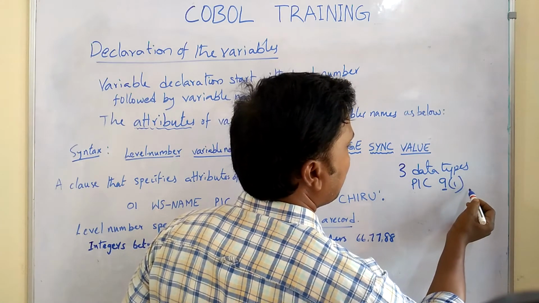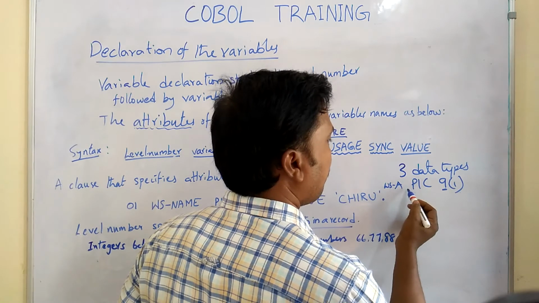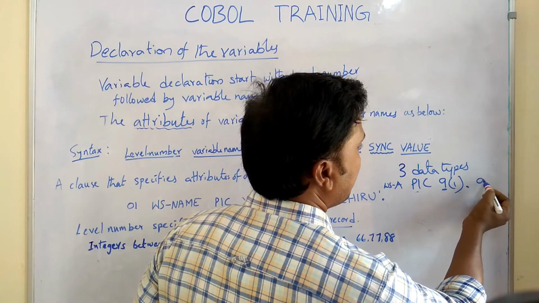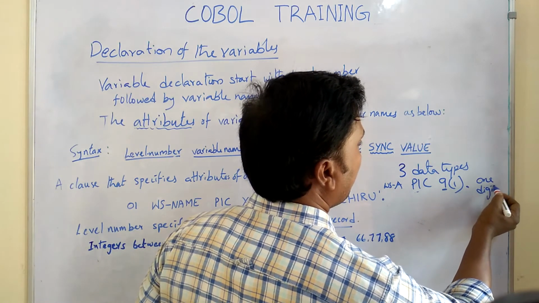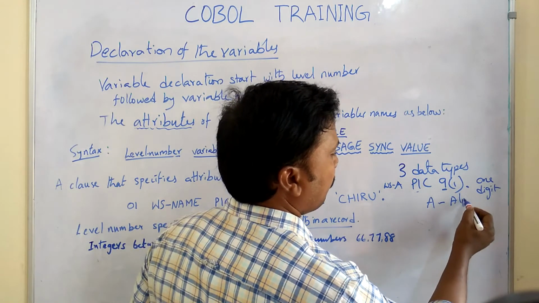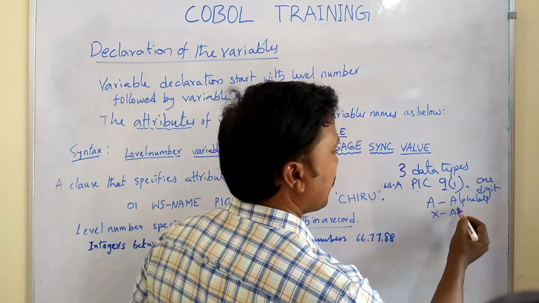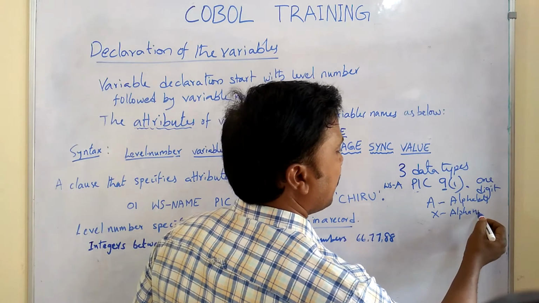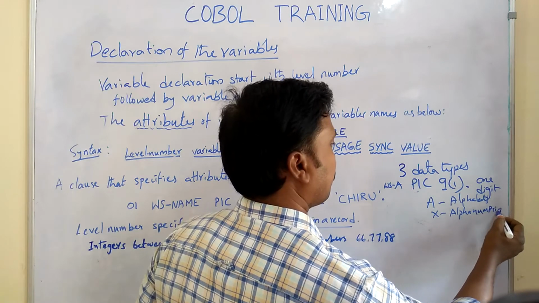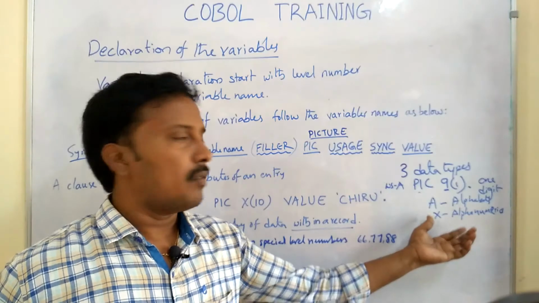For example, WS-A PIC 9 of 1 will store one digit, meaning a numeric number. If I say A, this is alphabets only. If I say X, it's alphanumeric, a combination; it will take alphabets and numerics. We will see in the program how the values are taken.